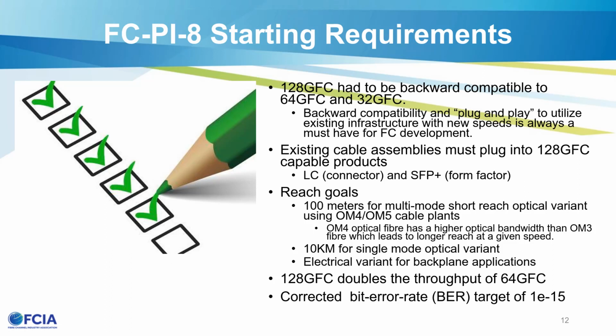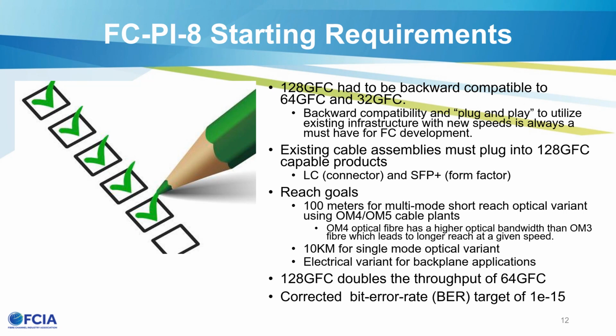And in a later slide, you'll see OM3, I believe, is about 60 meters reach. There's also a 10 kilometer single mode optical variant that uses 1310. And then we also do a clause that is an electrical variant for backplane applications.